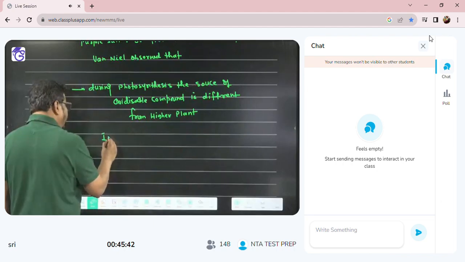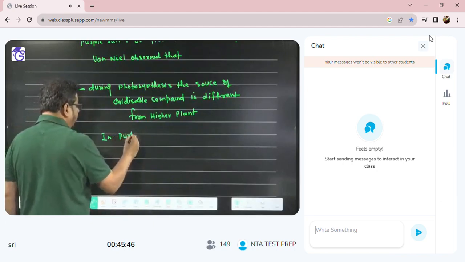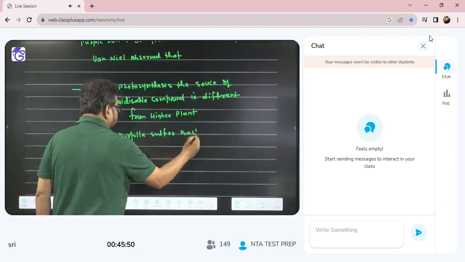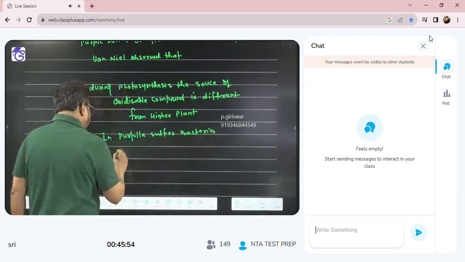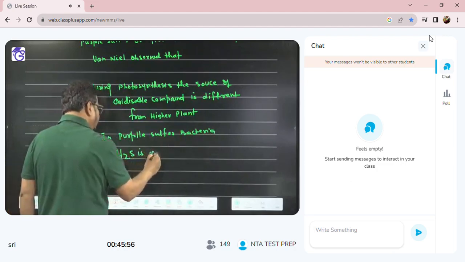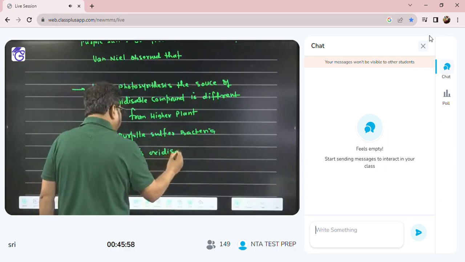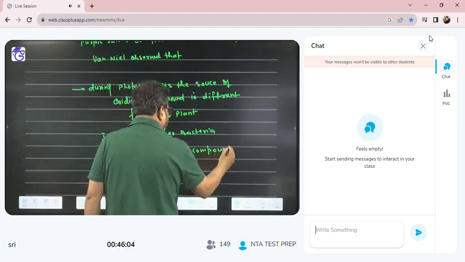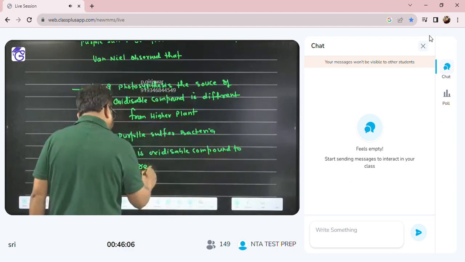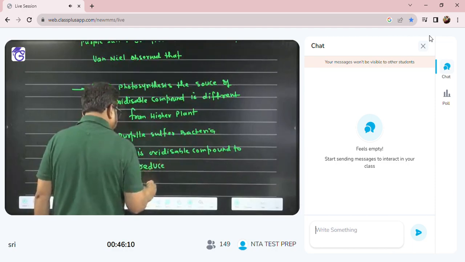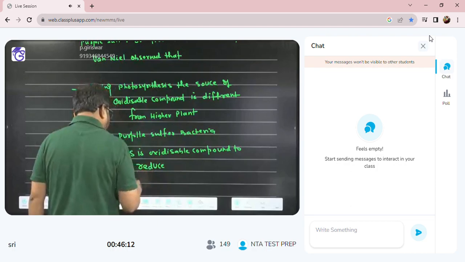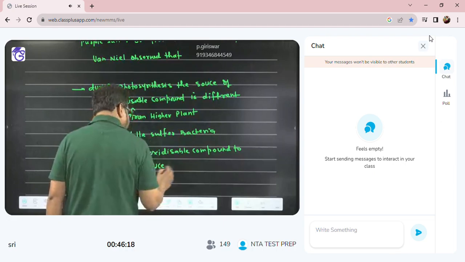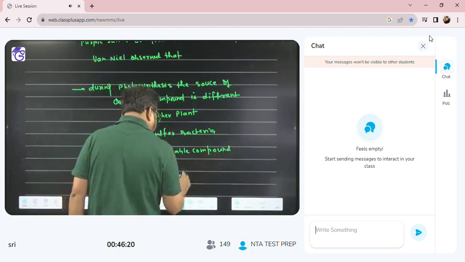So in bacteria, in purple sulfur bacteria, H2S is the oxidizable compound, or I am writing in easy language, oxidizable compound.